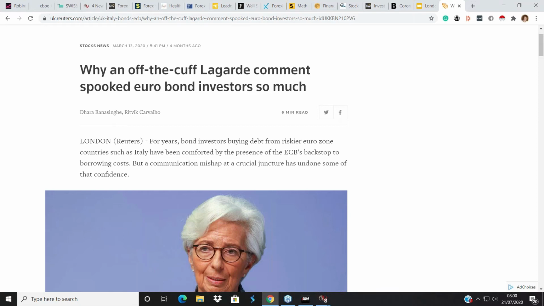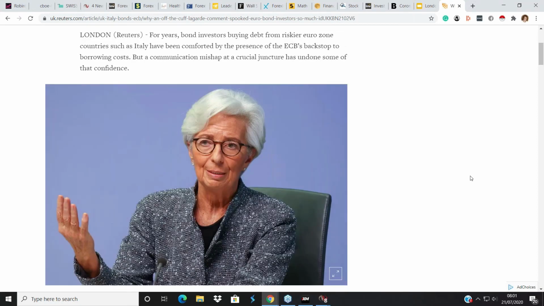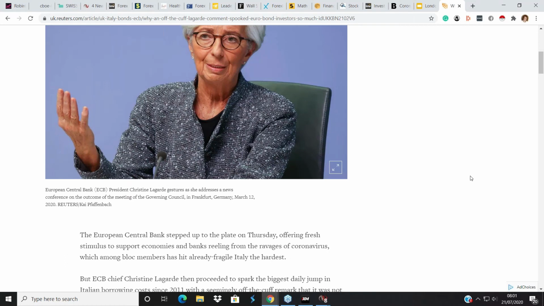So as I said, if you are a euro trader, and I know a lot of traders like to trade euro dollar, you always have to have half an eye on the political landscape, and particularly at the moment, what is happening in Italy, and whether they are going to throw a grenade into this project. And as I said, the Lagarde bond spread, particularly between the German Bund and Italian bonds.